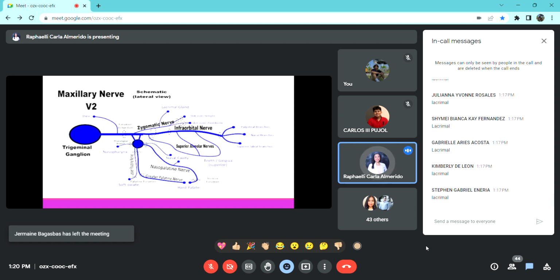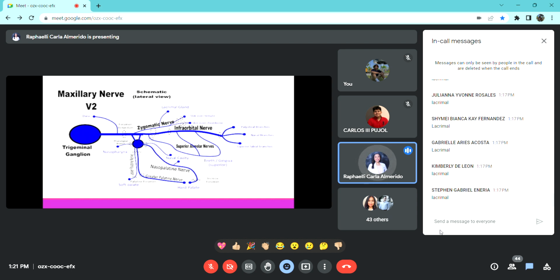So nag-iisa lang siya. Okay, so later you will see what nerve innervates, or what nerve is for the innervation of your dura mater. Okay, nag-isa lang yan.